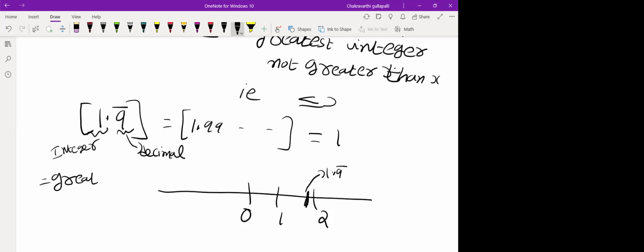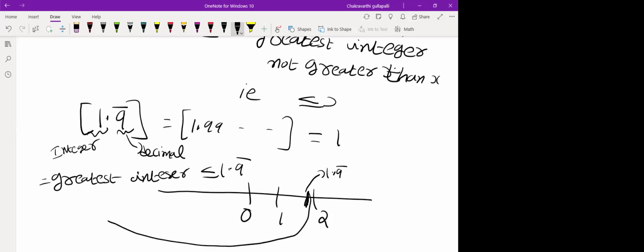It is the greatest integer less than or equal to 1.9 bar. So what are all the integers less than or equal to this? Since 1.9 bar is here, less than this means 1, 0, -1, -2 and so on.